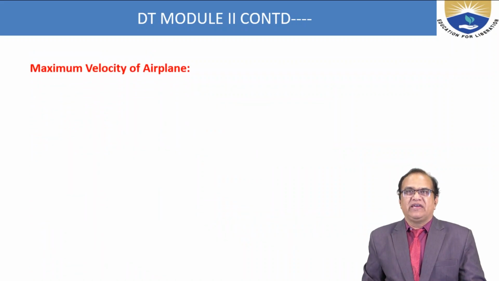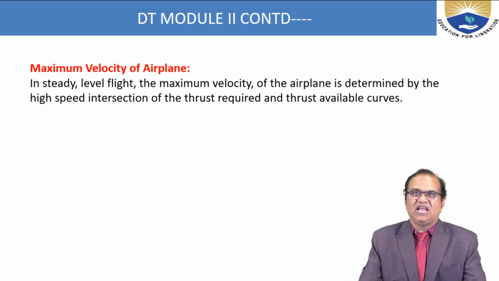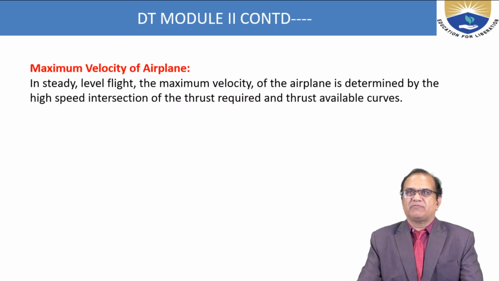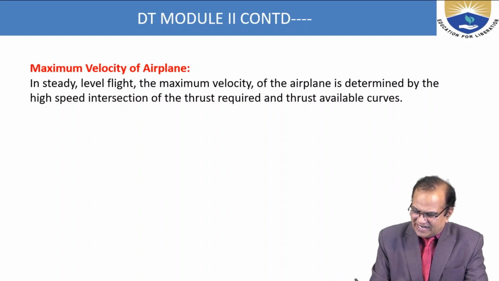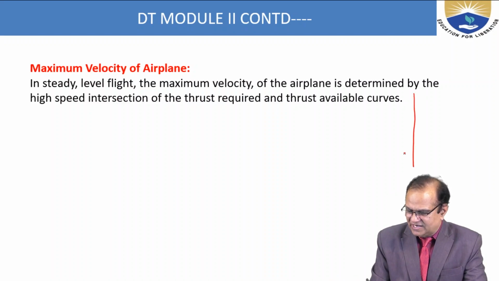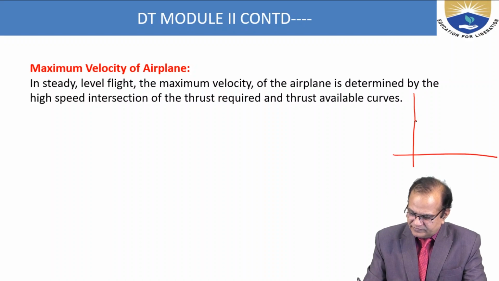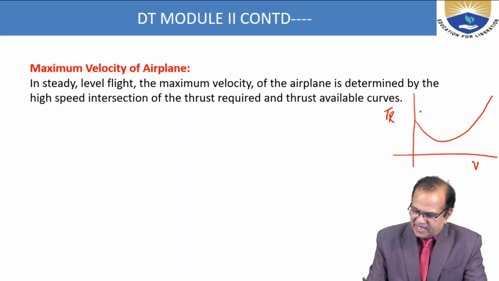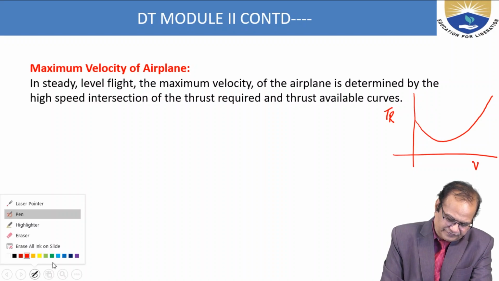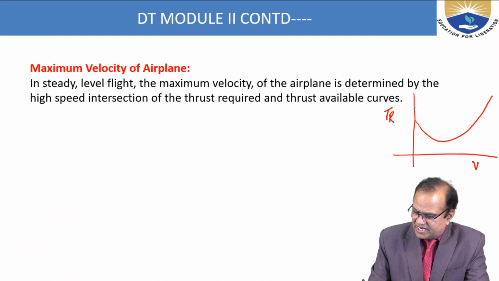Maximum velocity of the airplane. In steady level flight, the maximum velocity of the airplane is determined by the high speed intersection of the thrust required and the thrust available. So I will just draw one diagram. This is the thrust required, this is the velocity, and I will draw the thrust available.